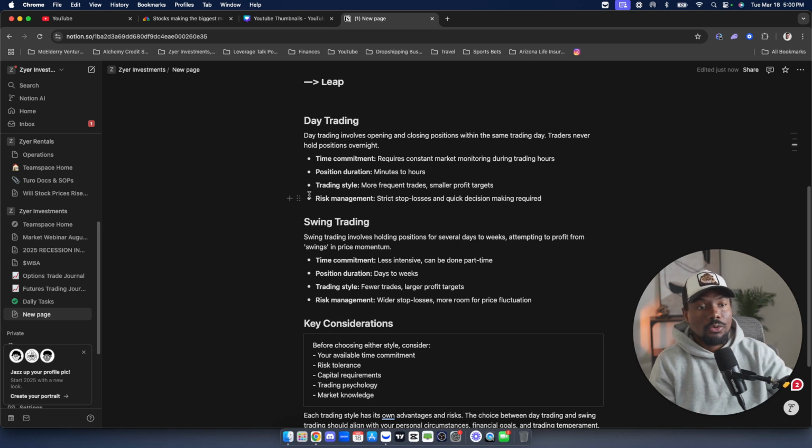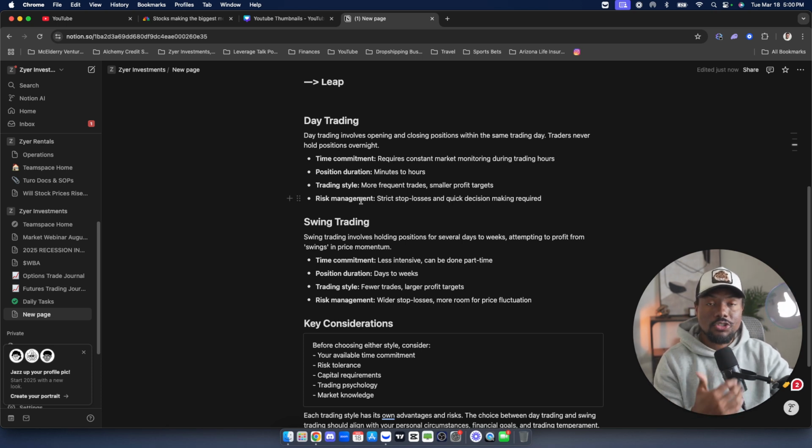Okay. Risk management, which is one of the most primary pieces. Strict stop losses and quick decision making are required. So stop loss means if it goes in the wrong direction from your trade plan or your trade idea, then you stop out of that trade. Let me give you an example. My position size that I put into said trade is $300.